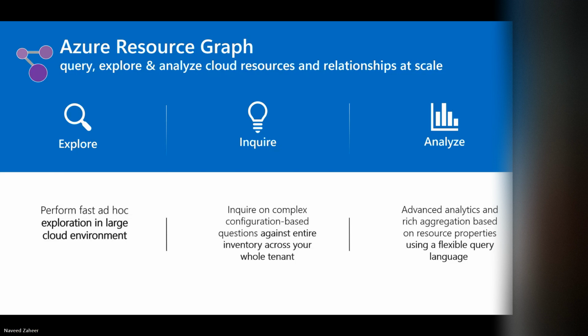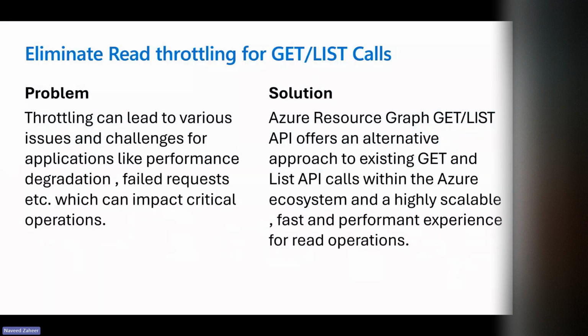So what problem are we solving here? Here is the problem statement and the proposed solution. The problem we are addressing: a number of times the apps, programs or services are calling ARM, and most of these queries are reads, get or list, like get a particular VM or get a list of VMs.